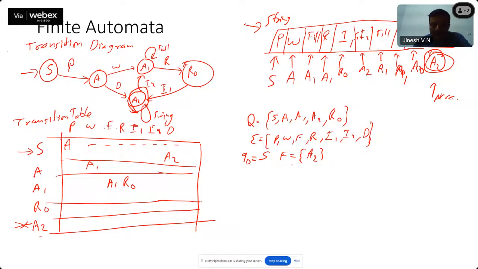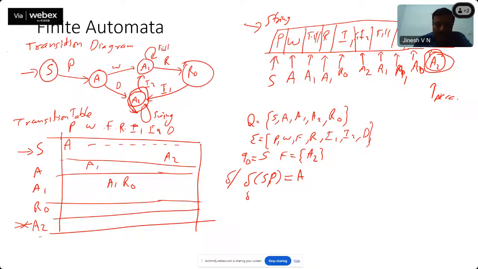Now four contents are over. Now the fifth one is the transition function or state transitions. We represent that using delta. So here delta of S comma P, state S and input P, what is the next state? Here A. So delta of S comma P is equal to A, I can write.